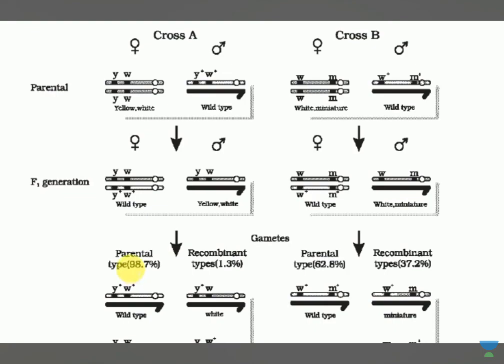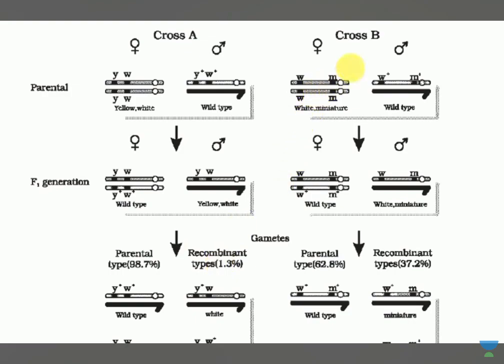Since approximately 99% of the individuals are exactly similar as the parents, there is no change. आप समझ रहे हैं, linkage बहुत ज़्यादा थी, so the genes present in the same chromosome are transferred as it is to the next generation, and there is no change in them. That's why the parental type combinations are 98.7%. And the recombinant types are very few, that is 1.3%. This is because the linkage is quite high, and since the linkage is high the recombination is low.